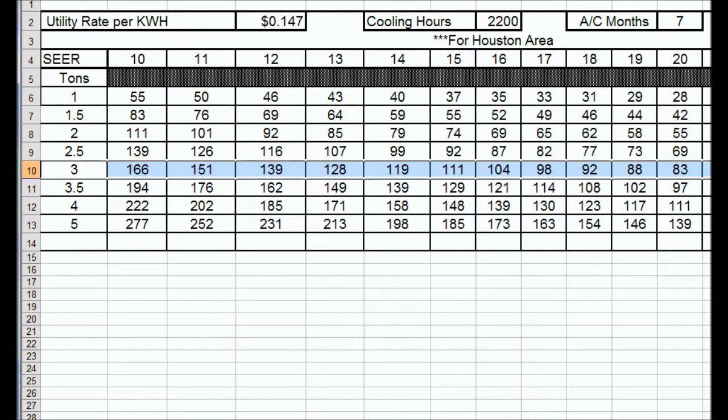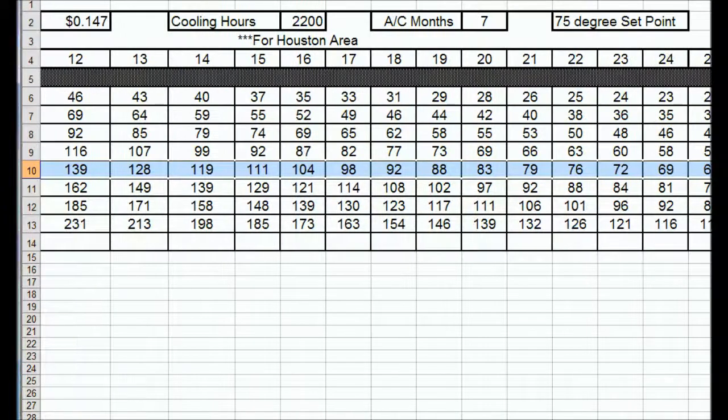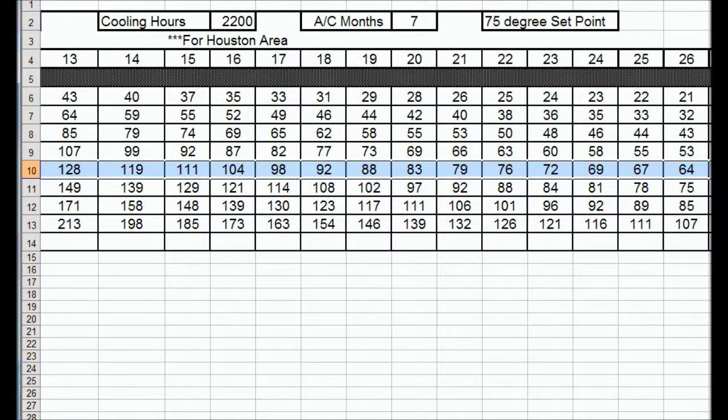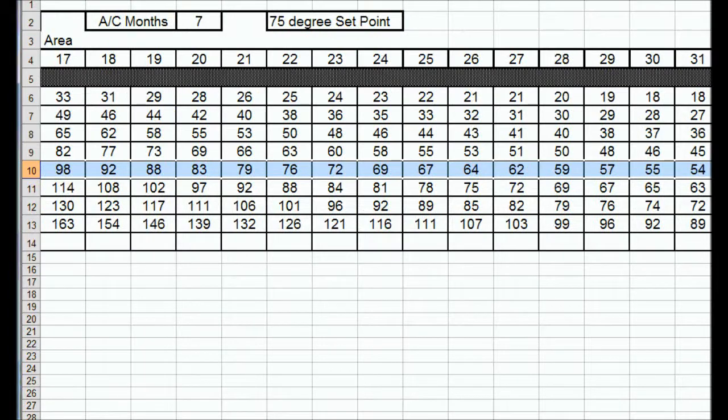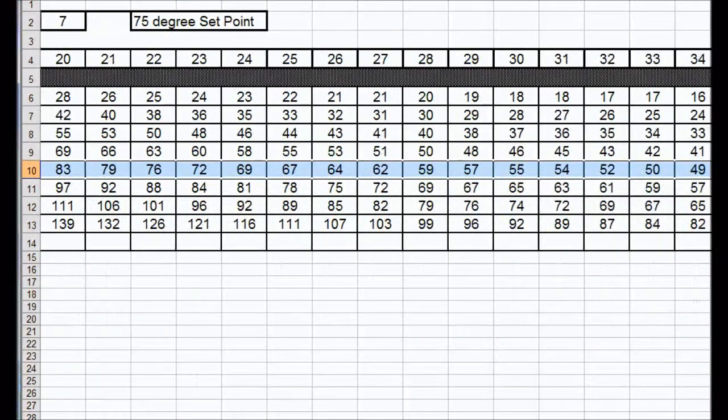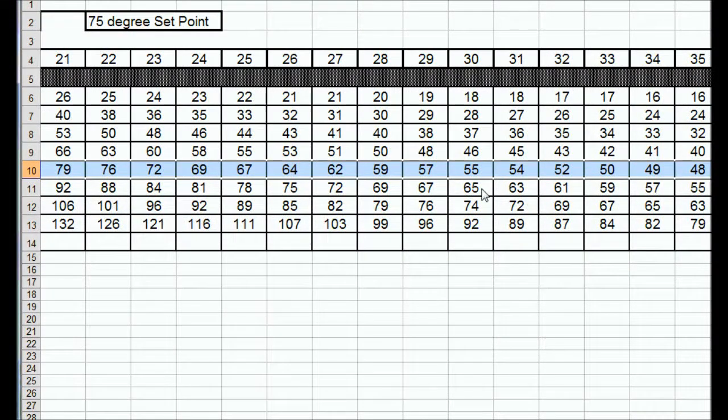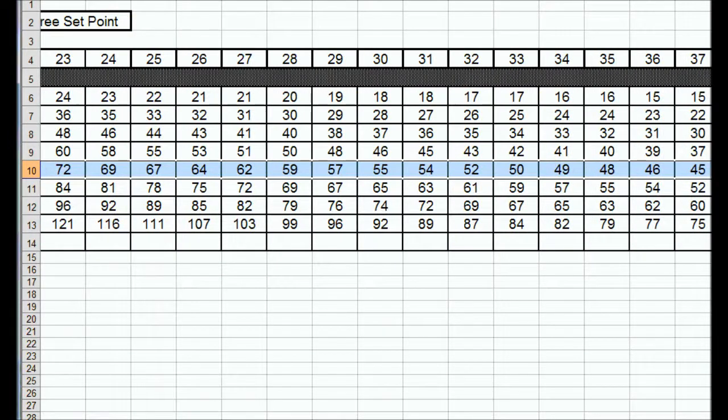So let's take a trip and see. We're looking for basically $30.64, rounded up to $31, and we just slide this across and see if we can find the magical number of $31. Now here, 30 SEER, we're at $55. One thing you'll notice is that the higher the SEER rating now, the harder it is to get any gains.